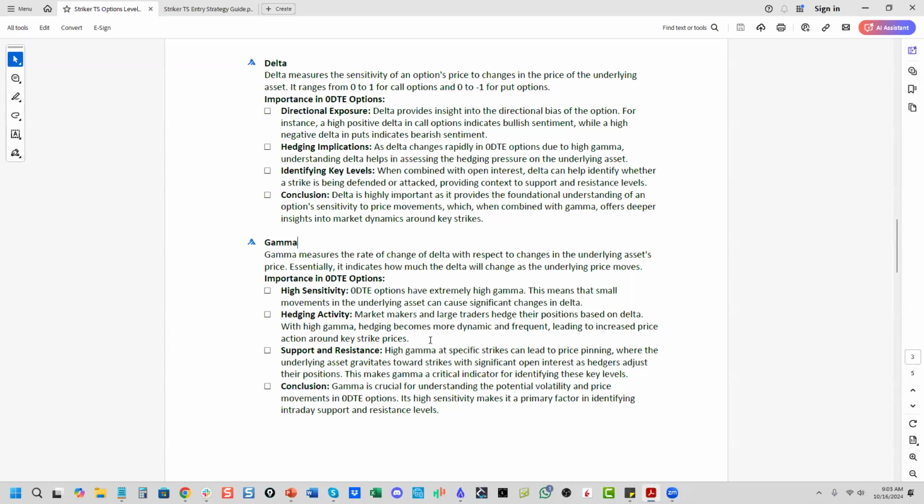Market makers and large traders, key word here, hedge their positions based on delta. With high gamma, hedging becomes more dynamic and frequent, leading to increased price action around key strike prices. High gamma at specific strikes can lead to price pinning, where the underlying asset gravitates towards strikes with significant open interest as hedgers adjust their positions.